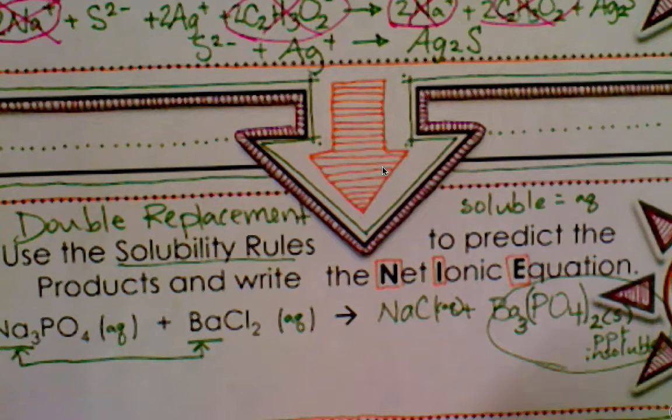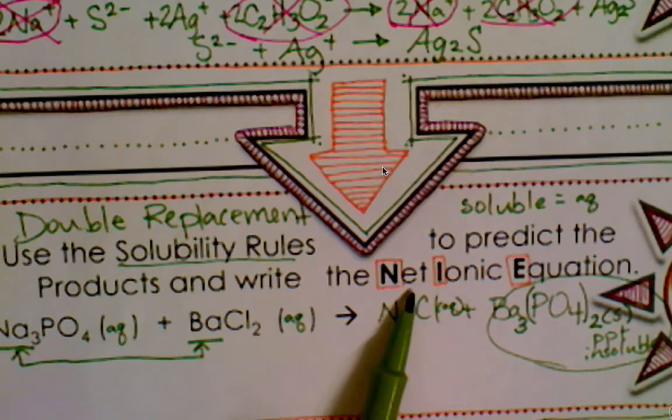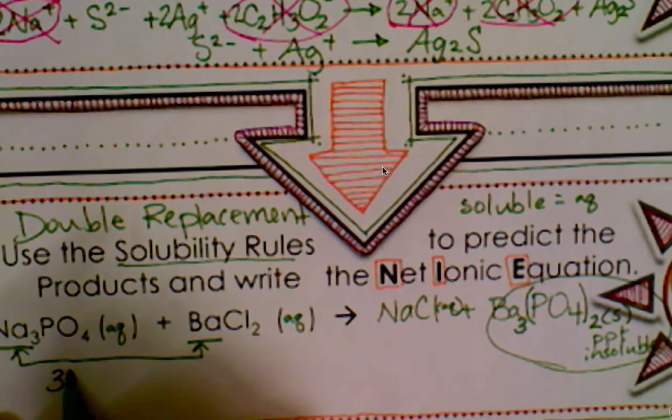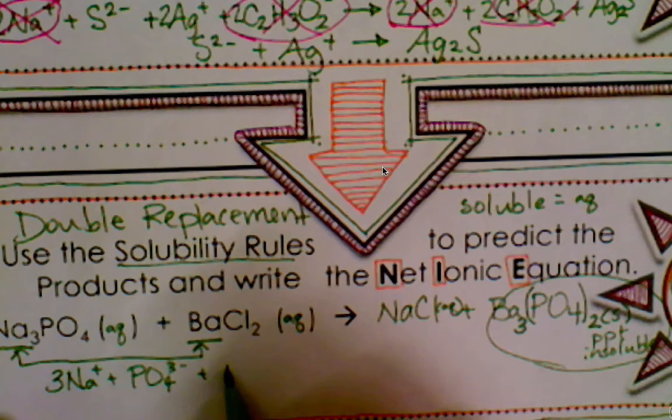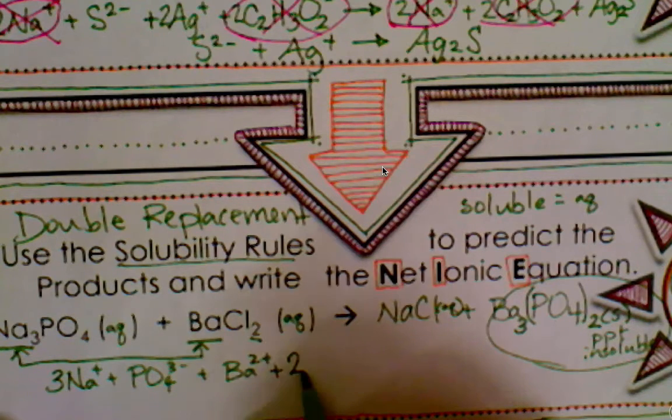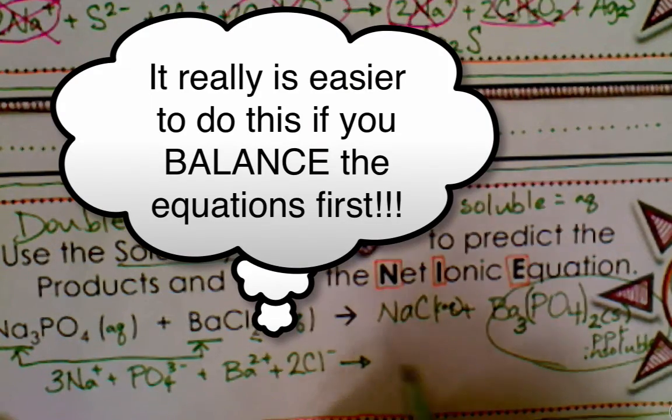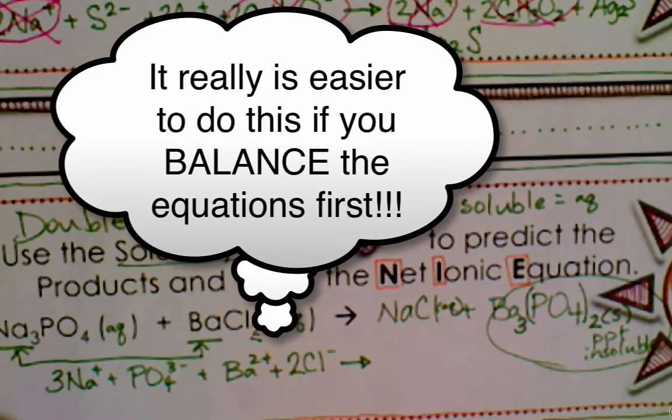Okay, next we have to write the net ionic equation. So first we break apart everything that's aqueous. I get 3 sodium ions that were attached to a phosphate ion, 1 barium ion with 2 chloride ions, put that 2 out front, and that turned into, oh gosh, we need to balance this equation.